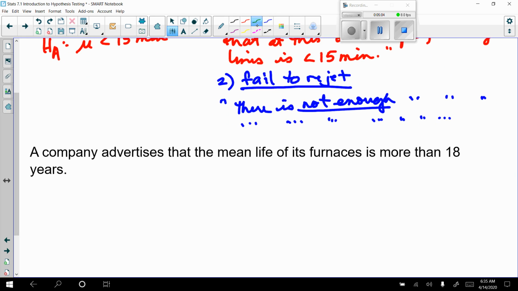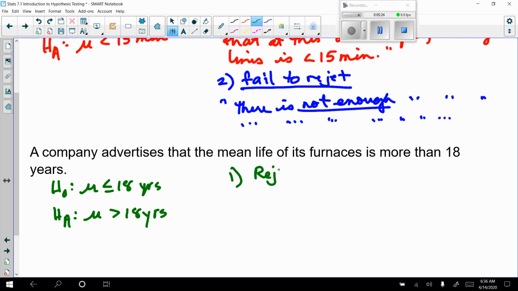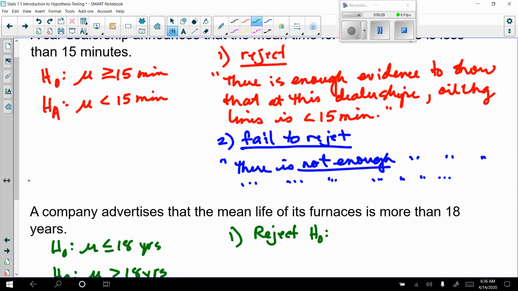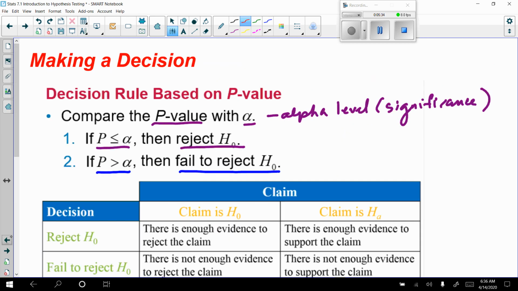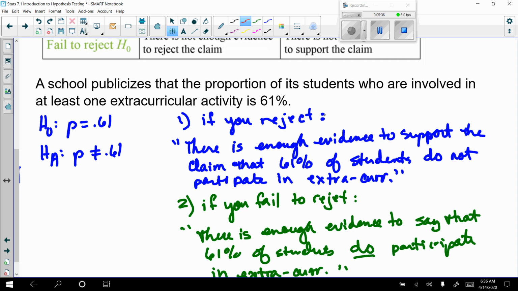And finally, the furnaces. Remember, the H naught was that the mean time was less than or equal to 18 years, and the alternate was that it was greater than 18 years. If we reject the H naught, remember each time what we're doing is we're rejecting H naught.